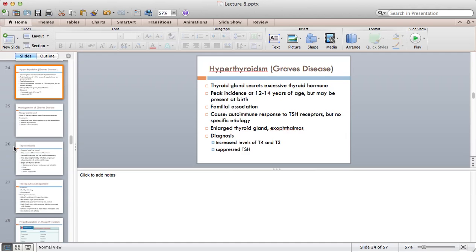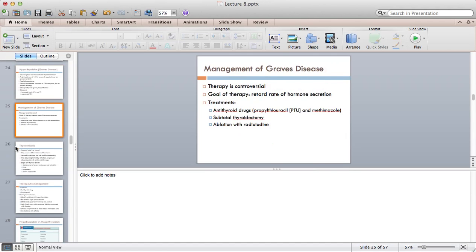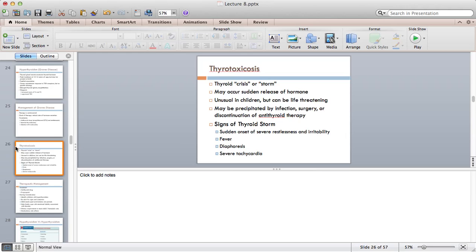One thing that we need to be mindful of would be thyroid toxicosis, which is that sudden release of the hormone in the body. This is quite unusual in children, the little ones, especially since we are dealing mainly with hypothyroidism.